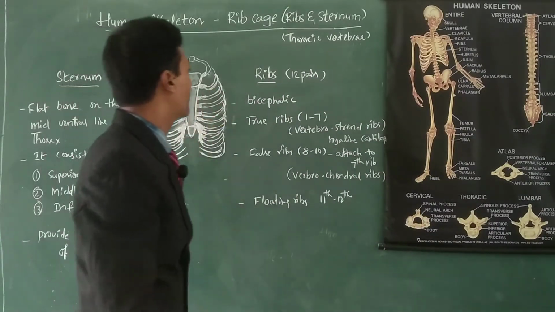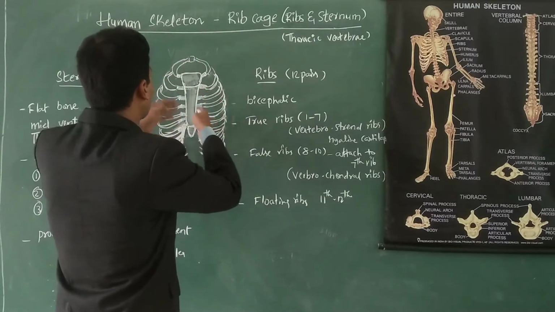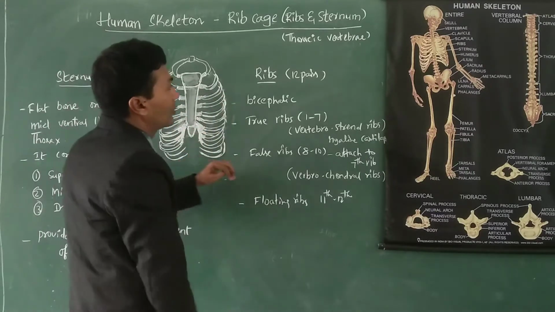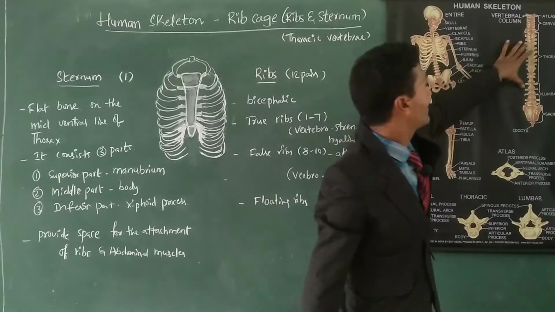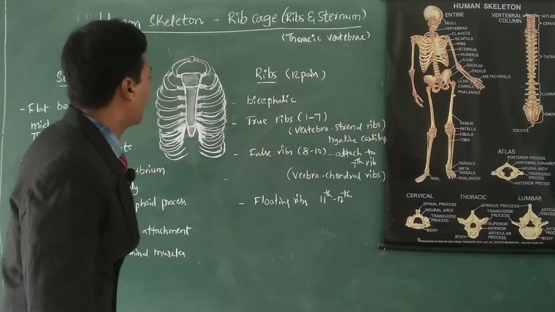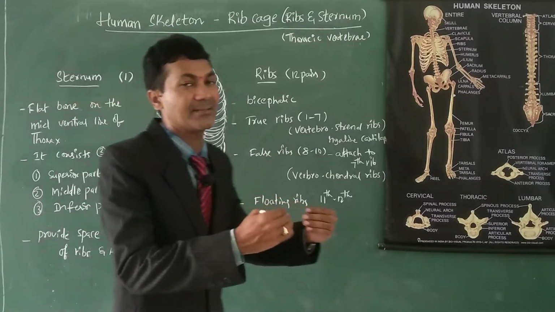Then there are 12 pairs of ribs attached on both sides, ventral side to the sternum and dorsal side to the thoracic vertebrae. So these are called bicephalic because they are attached at two sides, ventral side and dorsal side.